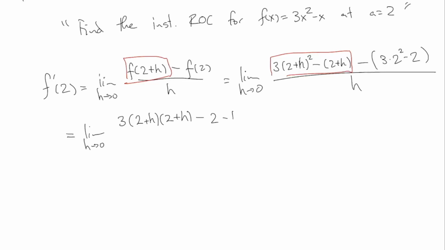It says minus 2 minus h. And then minus the number inside the parentheses there. I like to just figure out what the number is. 2 squared is 4. So this is 3 times 4 minus 2. That's 12 minus 2, which is 10. So this is minus 10, all divided by h.